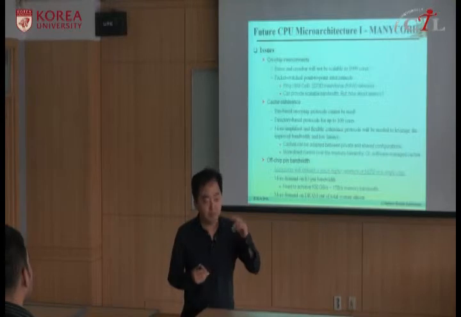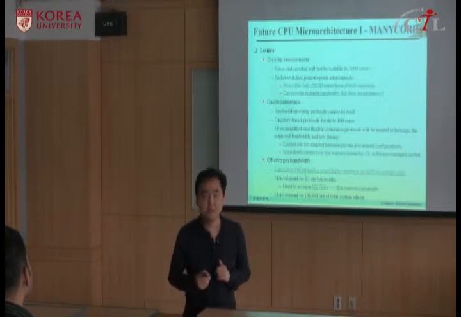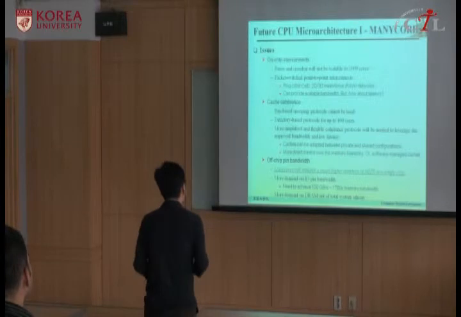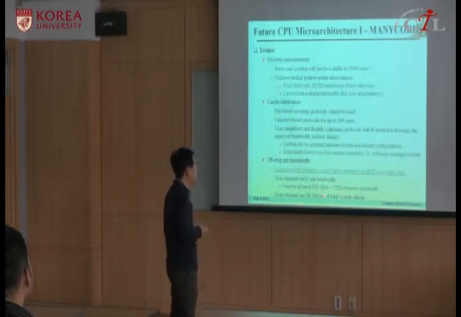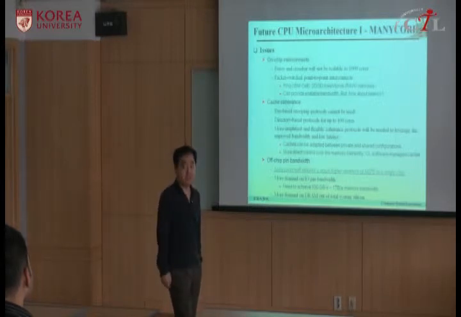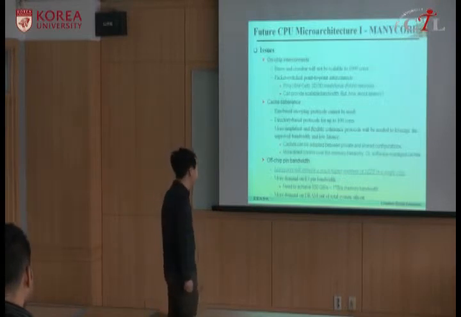You are limited by the number of pins and also the clocking speed of this bus or interconnect technology. That's called pin bandwidth. For many cores you need pin bandwidth of more than 100 gigabytes to 1 terabyte per second, which is not easy. So you are seeing hurdles in that area, and you also need more DRAM.